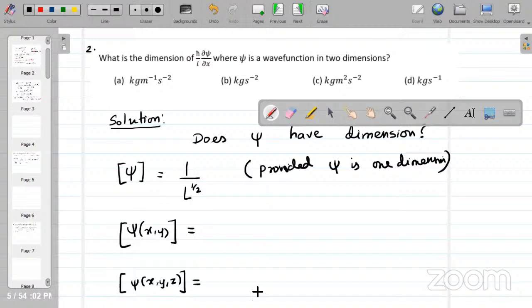So in 2 dimension 1 over L and in 3 dimension 1 over L to the power 3 by 2.